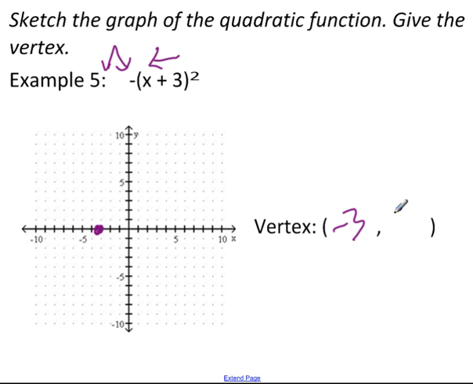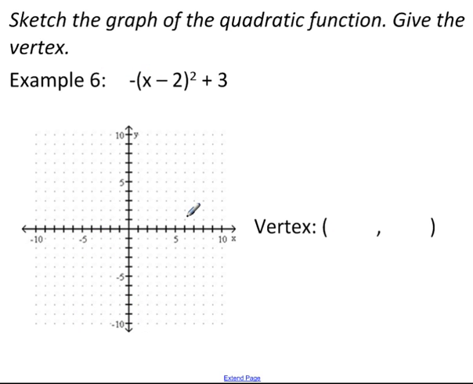That's at negative 3, 0 for my vertex, and things are going downward. So we're going to draw our graph looking something like this. Oh, that's disgusting. That might be the worst arrow I've ever tried to draw. I know I've said that before, but this one actually is.